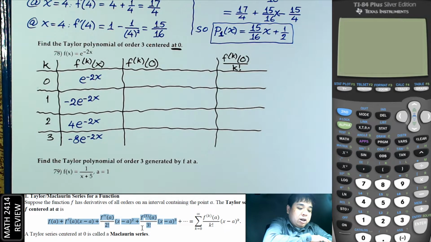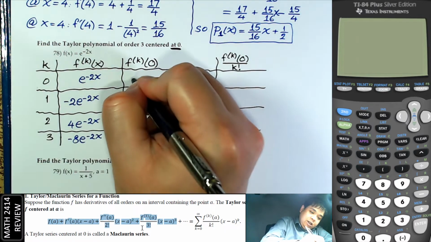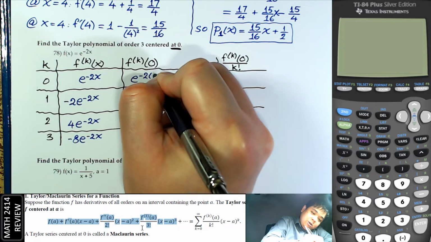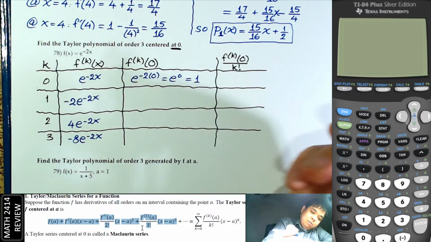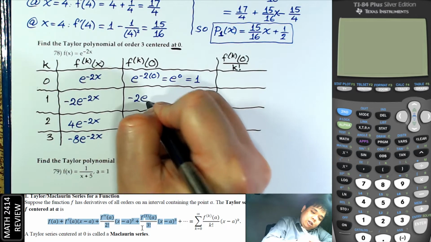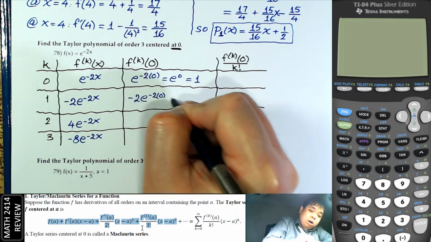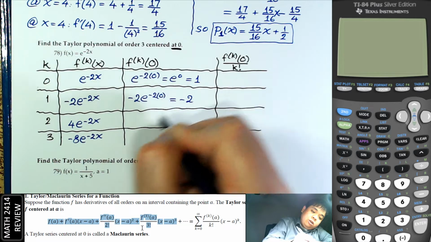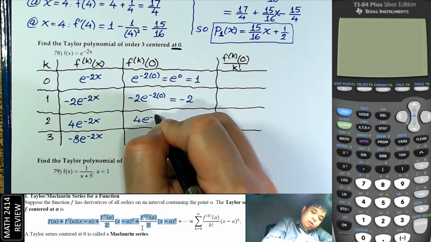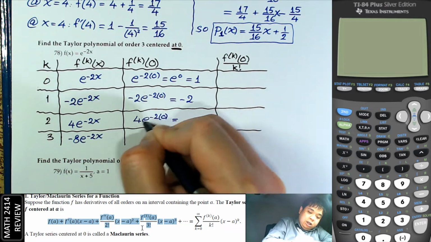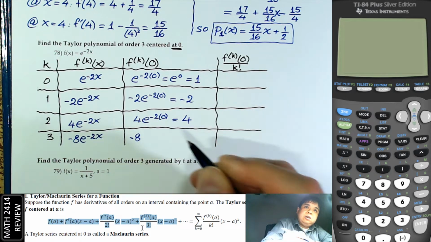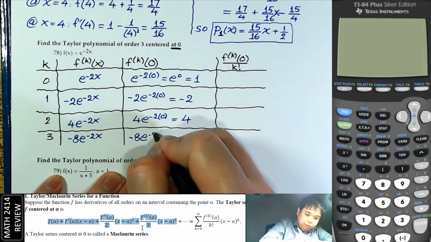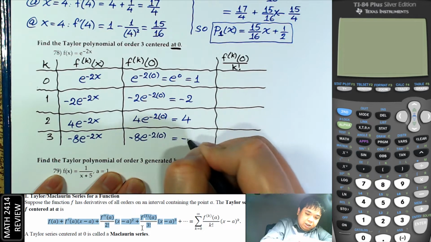Now we evaluate this at 0. e to the negative 2 times 0, e to the 0 power is 1. Negative 2 e to, once again, e to the 0 power is 1, so this is negative 2. And e to the 0 power is 1, so this is 4. And this is negative 8.